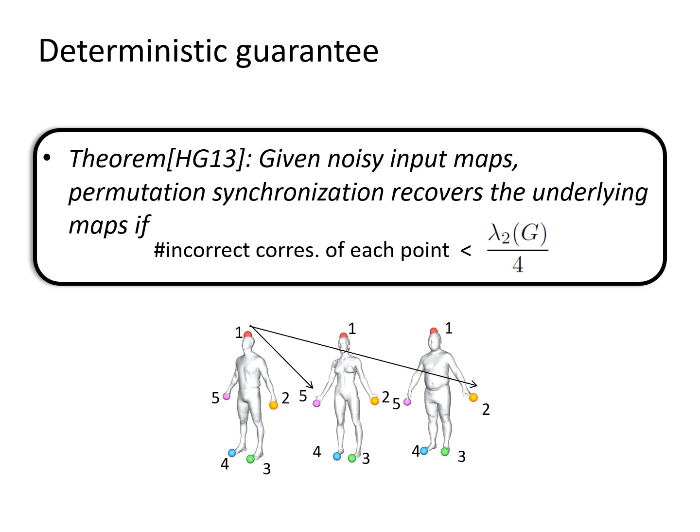So lambda 2 of G, the algebraic connectivity, divided by 4.